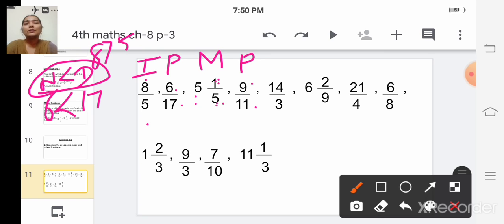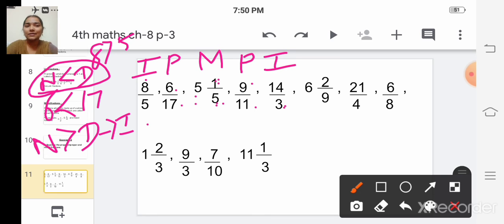Look at the next fraction, 14 divided by 3. Here 14 is greater than 3, isn't it? So numerator is greater than denominator. If numerator is greater than denominator, then it is an improper fraction. So we can write I here.